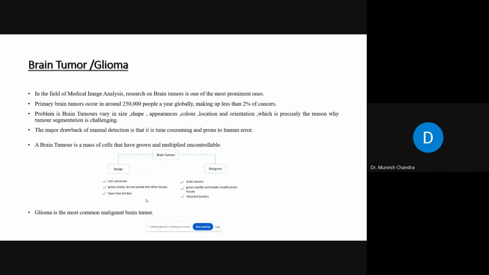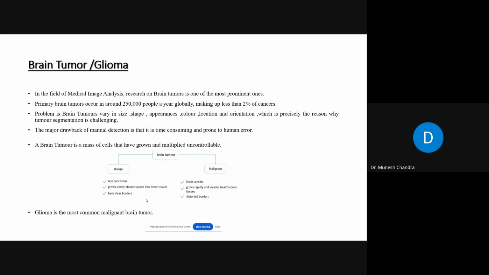But only less than 2% are cancerous. So we have to identify how many out of the 250,000 are cancerous, because we have to bother about the cancerous ones only. Those that are normal brain tumors can be easily cured.